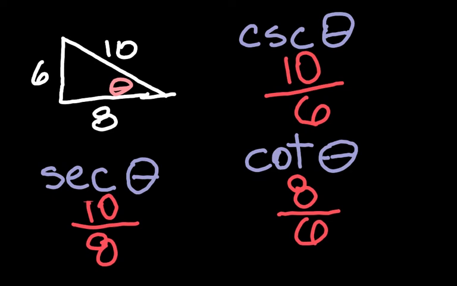Okay, so that's it. Secant is 10 over 8, cosecant is 10 over 6, and cotangent is 8 over 6.